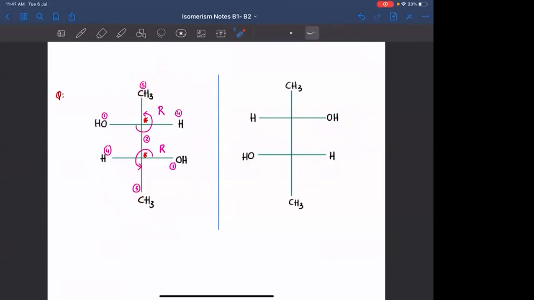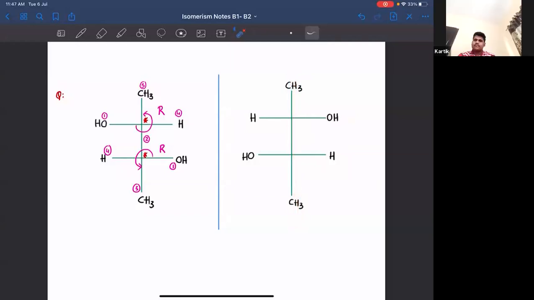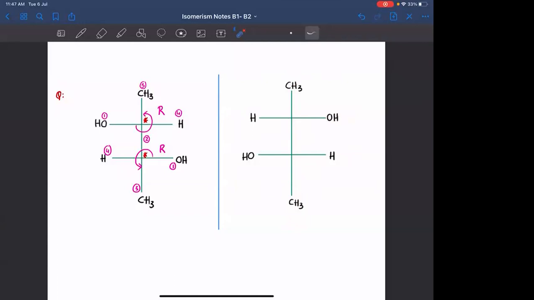Whenever you are flipping it, what will happen? These groups will no longer remain on the horizontal line. They will be transferred to the vertical line. Agreed? आया समझ में? Because Fisher projection में horizontal line पे हमेशा the groups will be present towards you, right? सभी लोग.